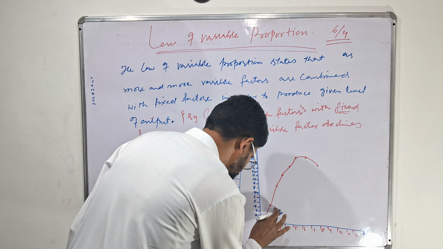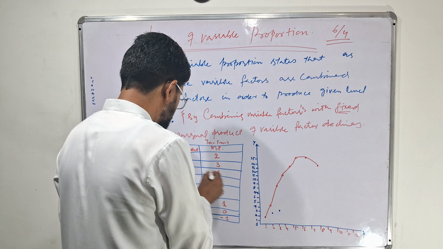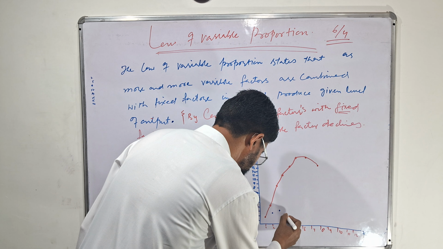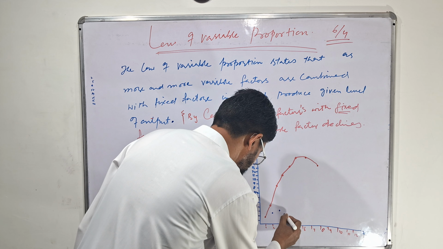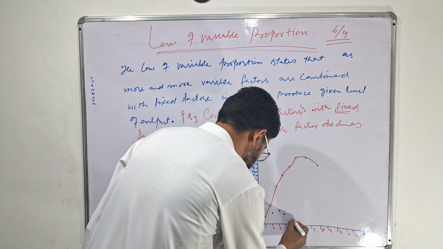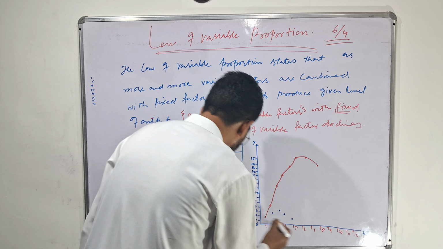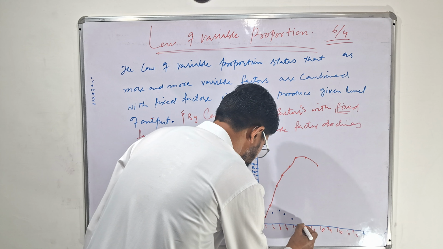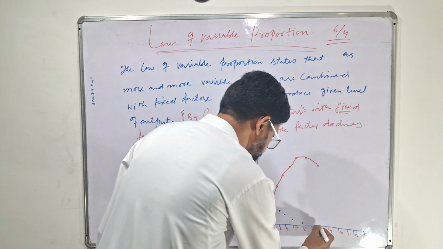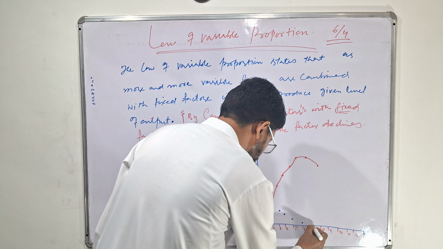Then 3 again, returning back, 3. Then 2, add 5, 2. Then 1, add 6, 1. Then 0, here will be 0.